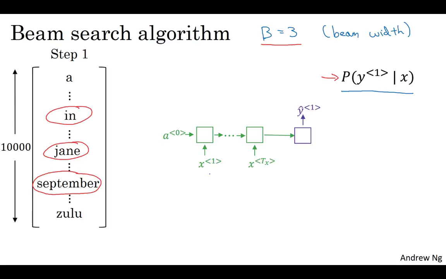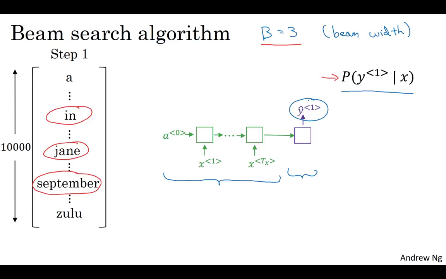So to be clear, in order to perform this first step of beam search, what you need to do is run the input French sentence through this encoder network, and then this first step of the decoder network, which is a softmax output over all 10,000 possibilities. Then you would take those 10,000 possible outputs and keep in memory which were the top 3.